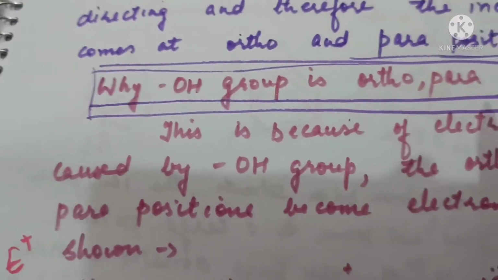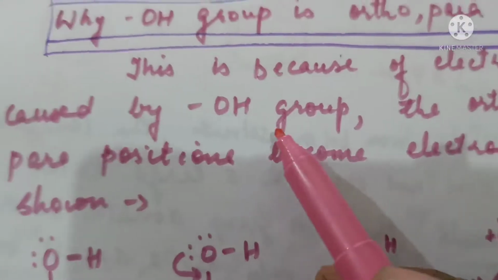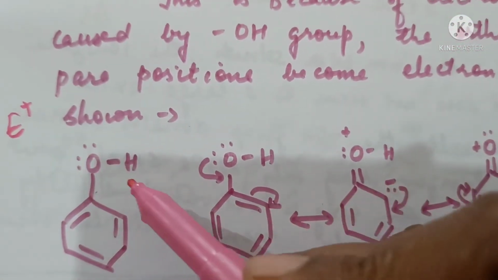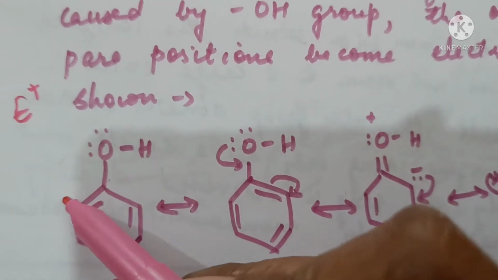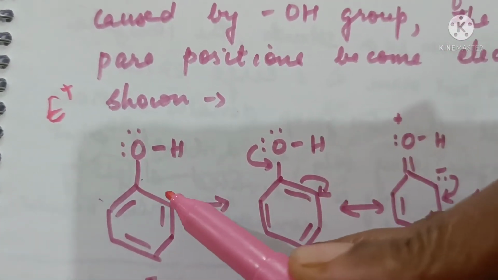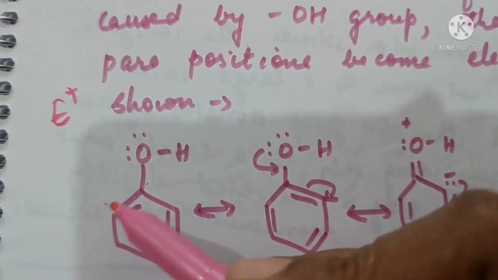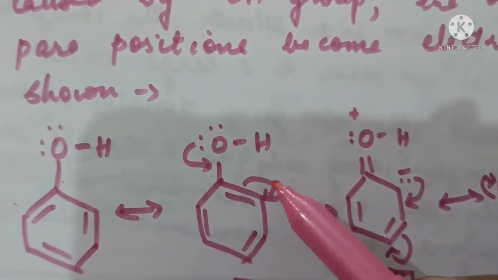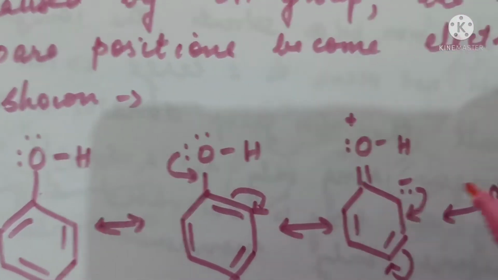Why is the OH group ortho-para directing in nature? This is because of the electronic movements. The ortho and the para positions become electron rich. When electrons move here and these electrons to the other side, a negative charge is created at an ortho position. Similarly, a negative charge is created at this other ortho position.